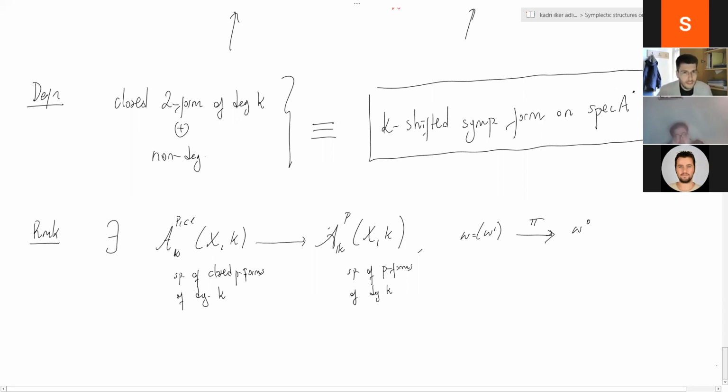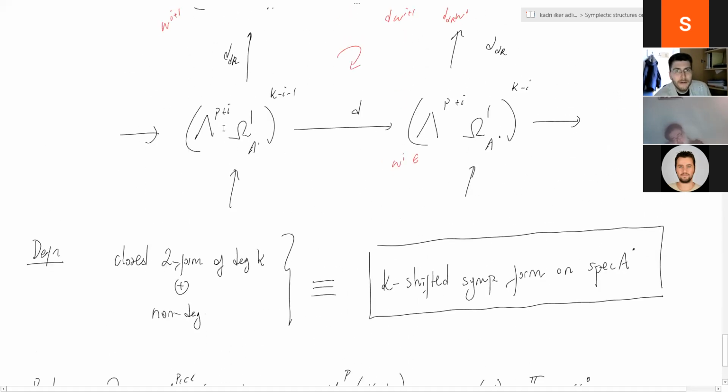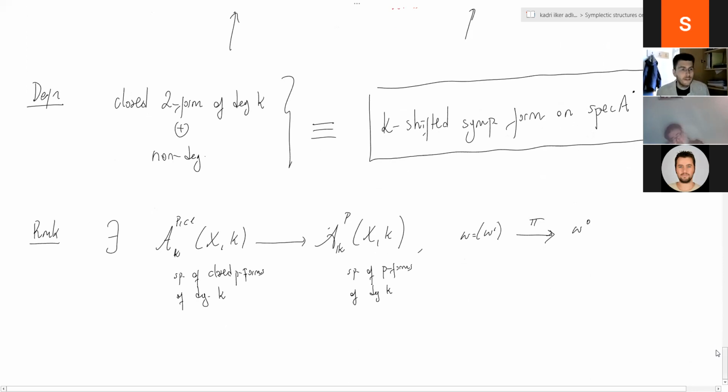So we can really, in a meaningful way, define a notion of P form of degree K. Therefore, the usual P form in the smooth setup is just a form of degree 0. Okay, so the degree 0 part of this construction corresponds to the usual differential geometric notion in the usual manifold theory. All of them are just degree 0.